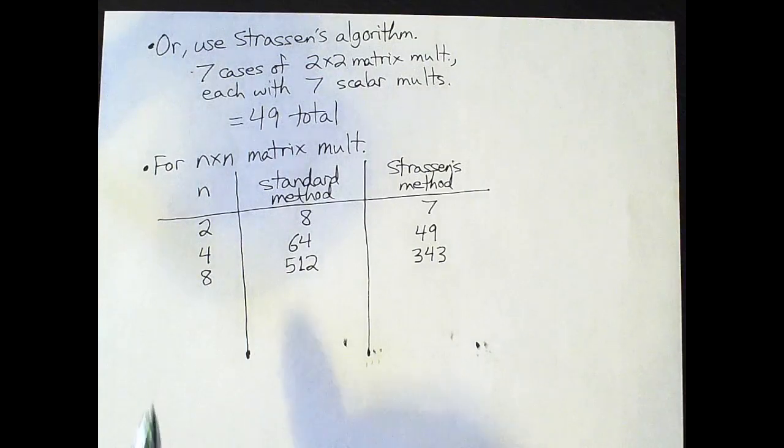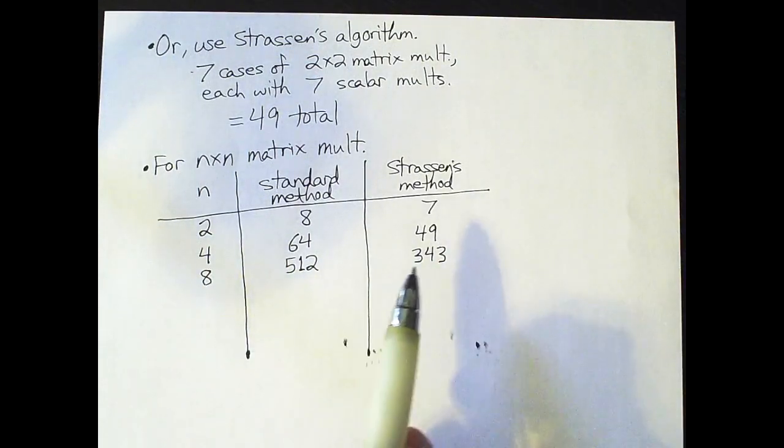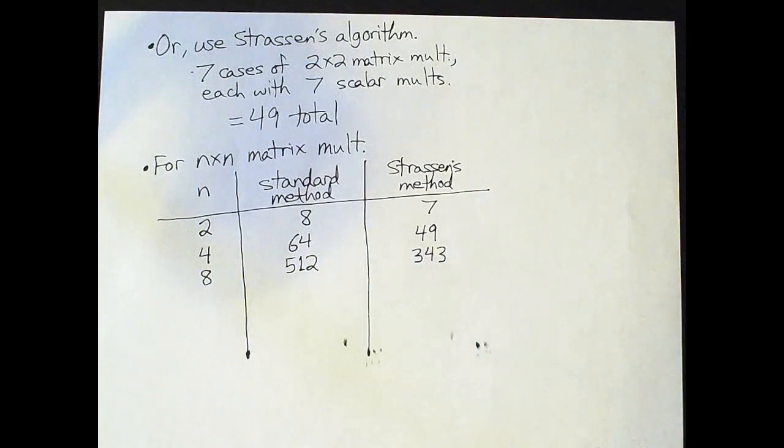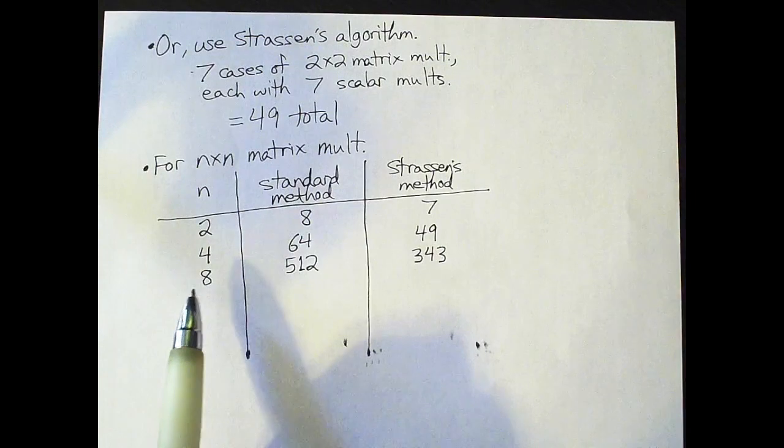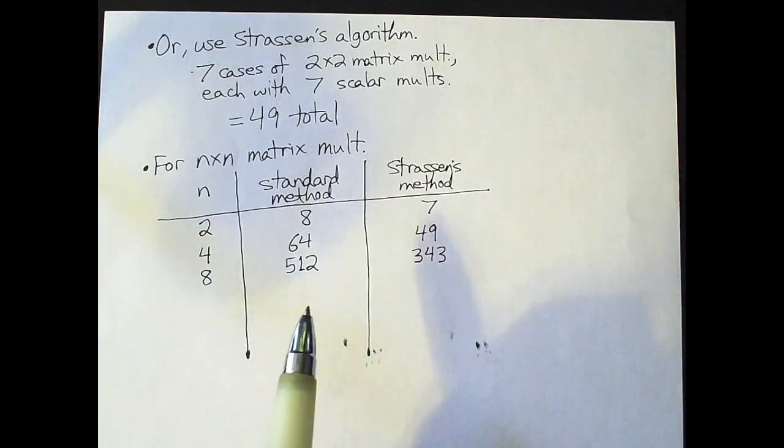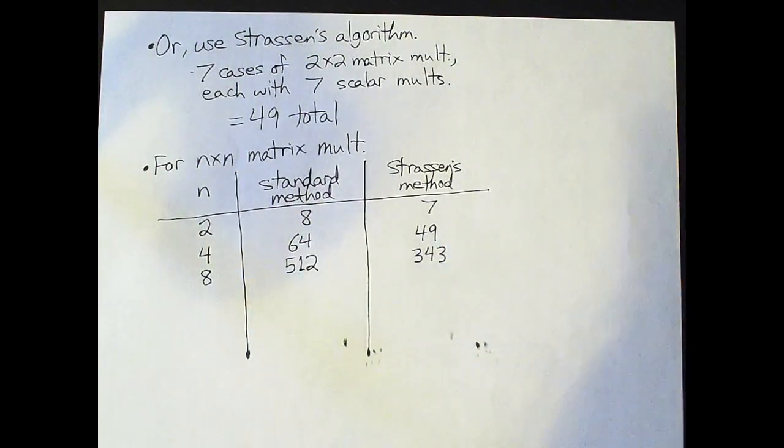So you see, the larger the problem gets, the more we benefit from using Strassen's method. By the way, for 8 by 8, you would subdivide into blocks that are each 4 by 4, and then subdivide those blocks into blocks that are 2 by 2. So kind of a nested process.